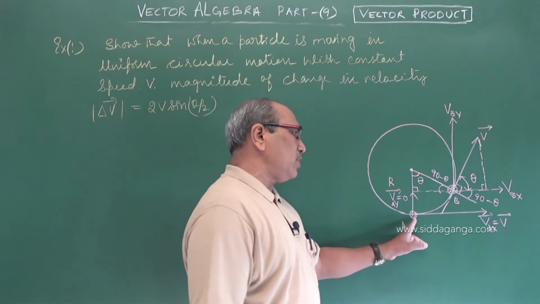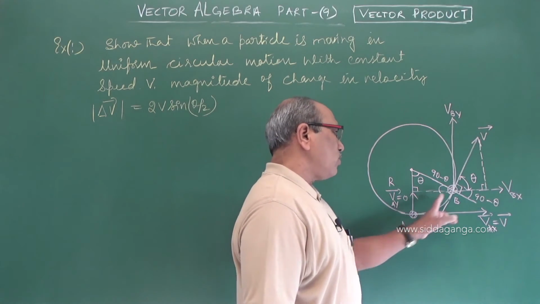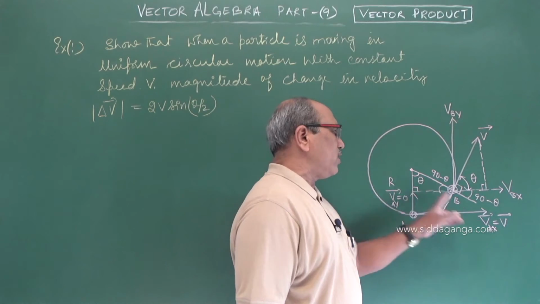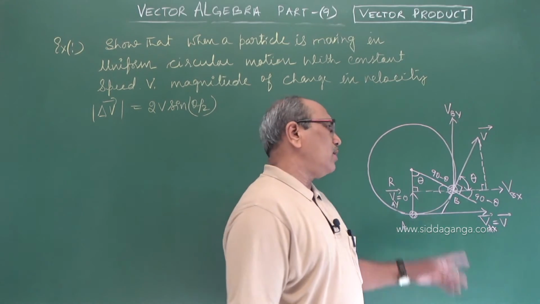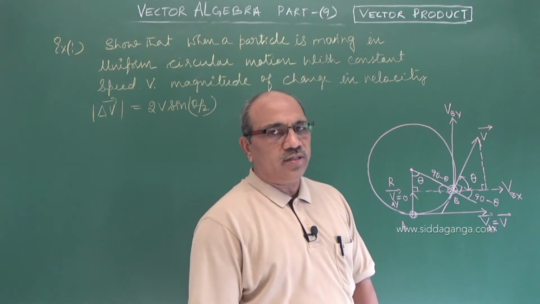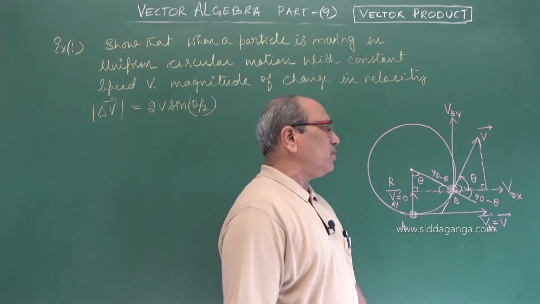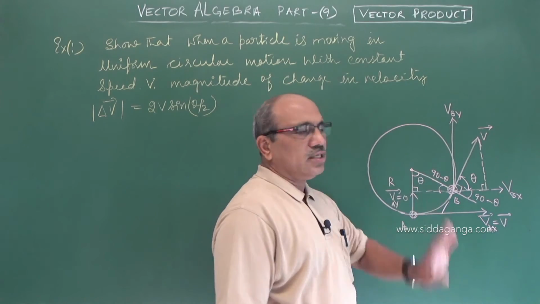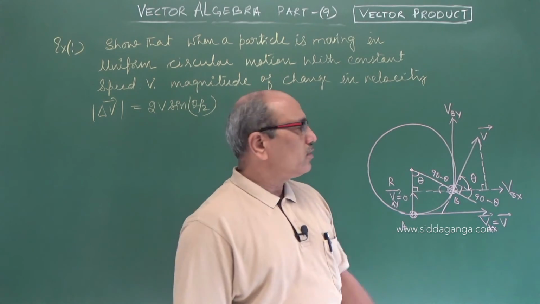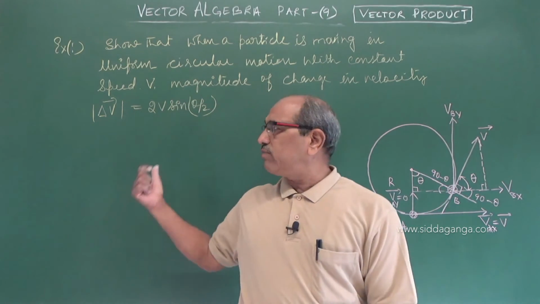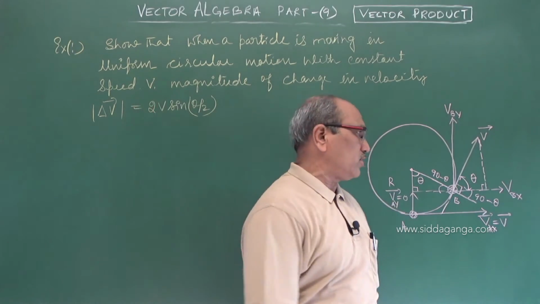For the change in velocity at two points, you have to separately take the x and y components and apply the vector method. The difference in velocity in the x component, the difference in velocity in the y component, then we can find the final answer.